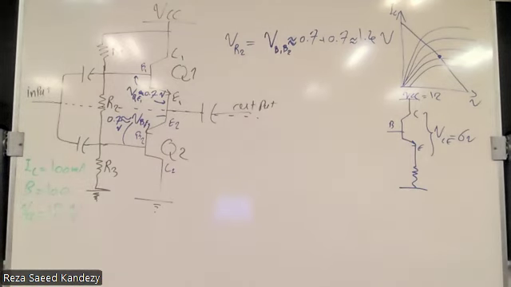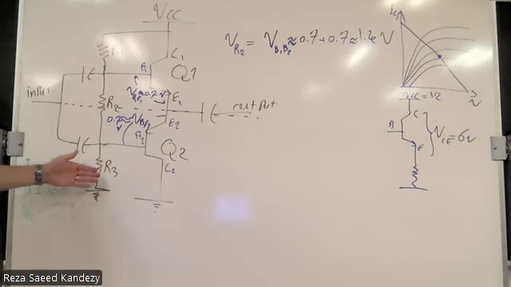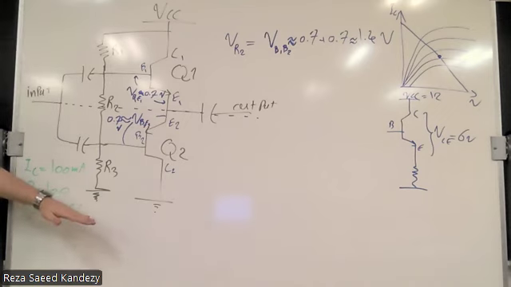Now, how could we determine the values of R1, R2, and R3 to make sure we have the characteristics that we want? The most important one is the collector current. And we have a strong bias, which we define as half voltage above and half voltage below that line.